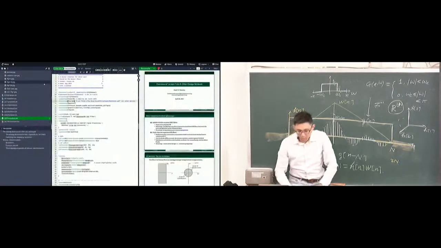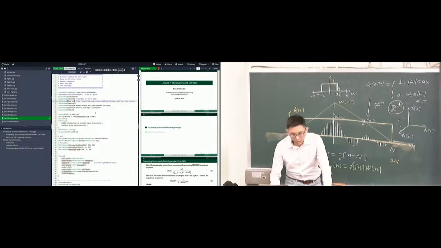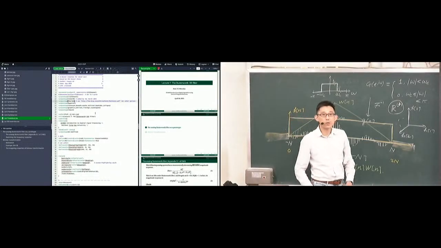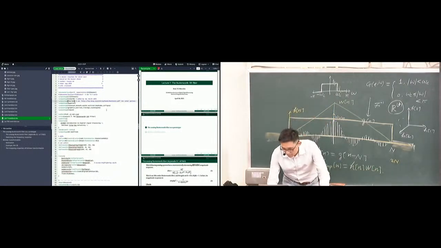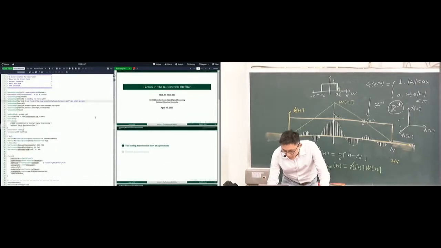Do we remember the key idea for IIR design? IIR design requires borrowing. Next week we talk about borrowing from what? Borrowing from analog. So I'm still preparing this lecture note, but I'll let you take a look.